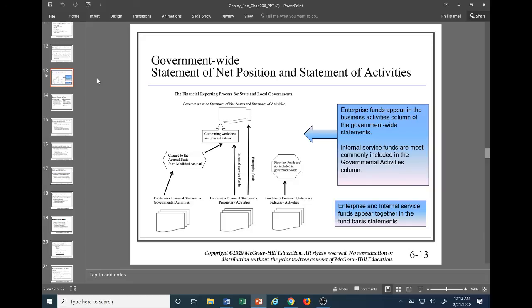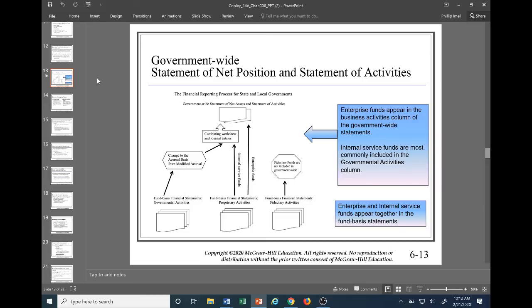Once again, I'll just read this to the right after going through it. Enterprise funds appear in the business activities column of the government-wide statements, and internal service funds are most commonly included in the governmental activities column. Like I said, later in the semester we'll look at these statements again. Enterprise and internal service funds appear together in the fund basis statement.